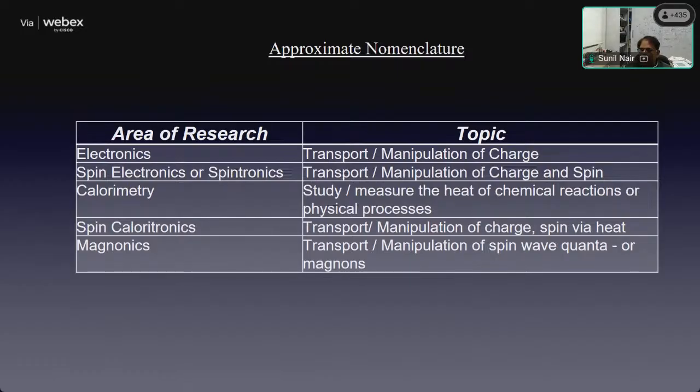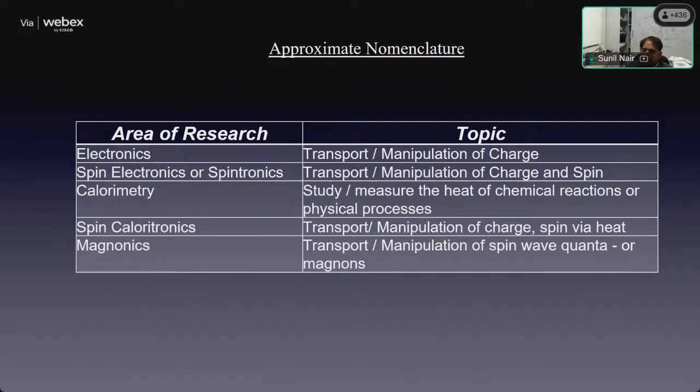Our conventional electronic devices work because you actually have a physical transfer of charge from point A to point B, and devices in terms of diodes and transistors and op amps and so on and so forth. Now, the electrons have, in addition to charge, a quantum mechanical attribute, which is the spin. All electrons have a spin. And in traditional electronics, the spin degree of freedom is not taken into consideration at all.